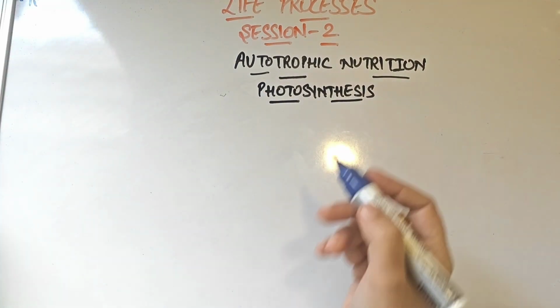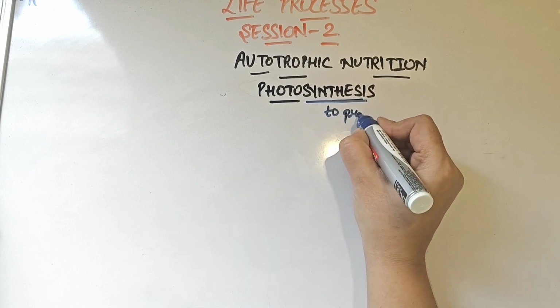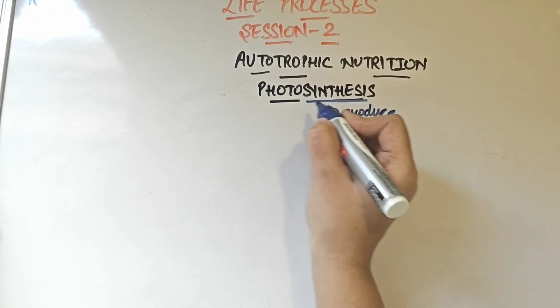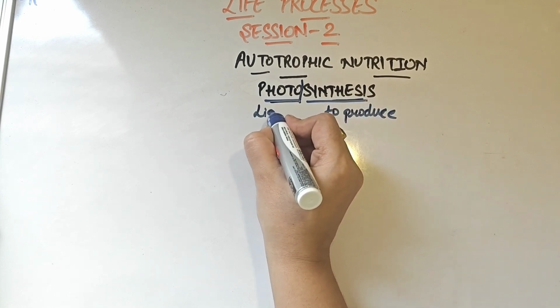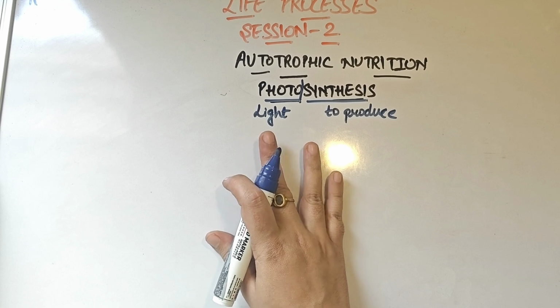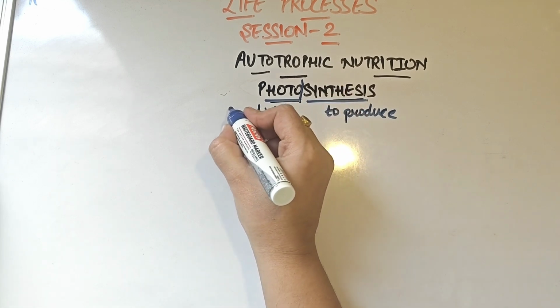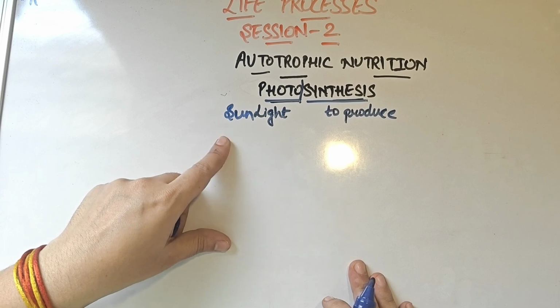So what is photosynthesis? Synthesis, in a way, if we say, we mean that it is something in relation to produce. And then what do we mean by photo? So photo means in the presence of light. And since here we are talking about plants, we are talking about photosynthesis. So we do know that what type of light here are we talking about? So we are talking about mainly the sunlight.